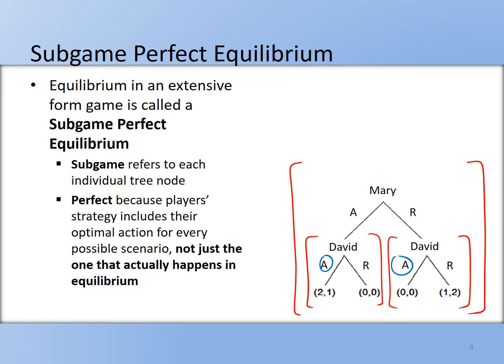What would Mary do if Mary follows the rules? She's going to choose the action movie, right? Because given what David is going to do, if she chooses a romance movie, now she's going to end up with 0. So incredible threats would lead to different outcomes.